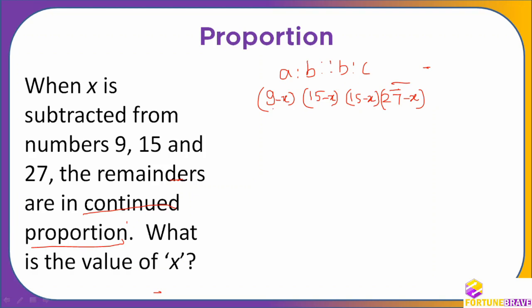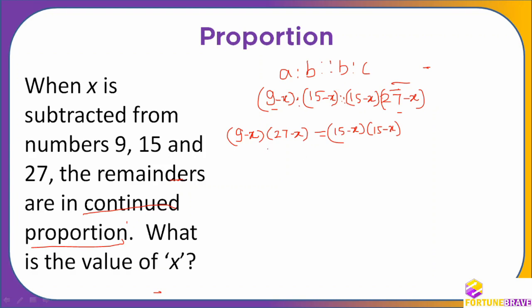Now extremes will be 9 minus x. What I have written is a proportion, it's not the equation. 9 minus x into 27 minus x is equal to 15 minus x into 15 minus x.